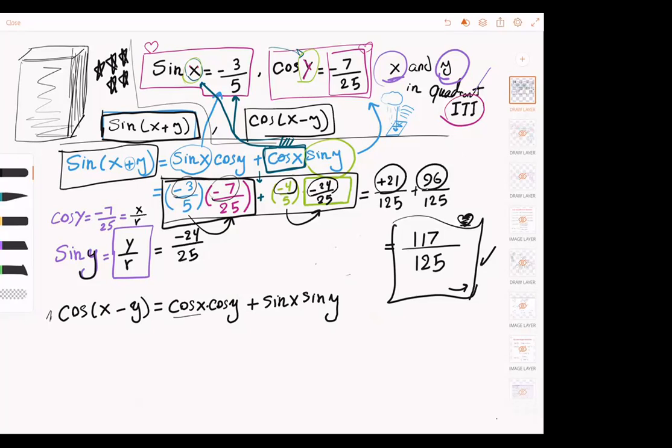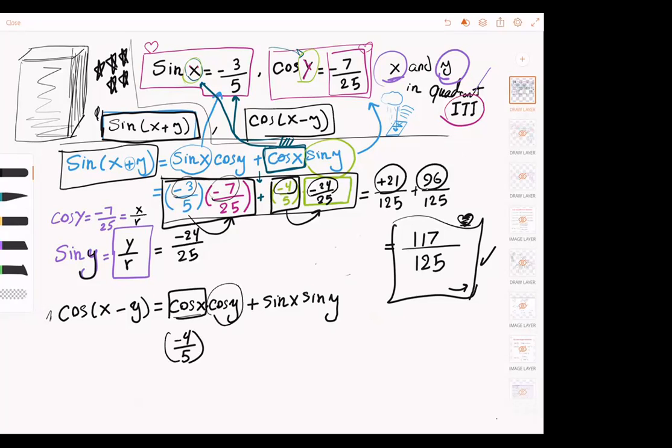So now, we solved everything. Cosine of x, we solved it here. We have negative 4 over 5.